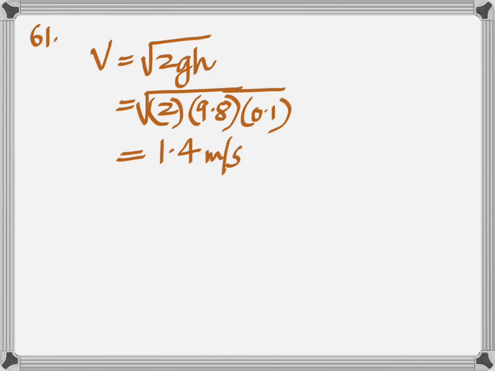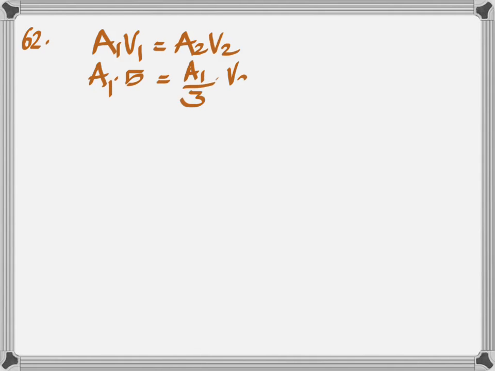Oh, now we have Bernoulli's principle. Straight. Do you see the word horizontal pipe? Yes. So first you will have to find the velocity using the equation of continuity. Didn't it say the area contracts to 1/3 of its?